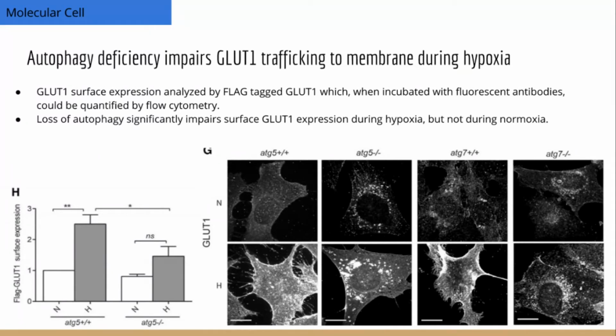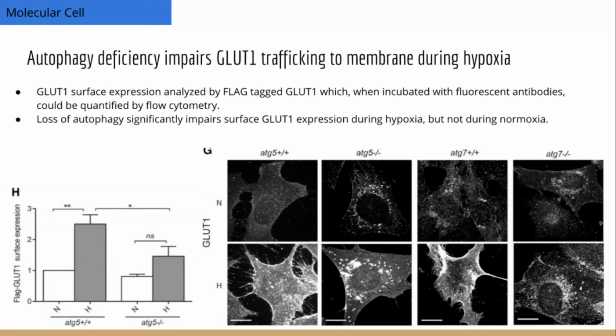So even when autophagy is deficient, we still see normal GLUT1 expression at the surface during normoxic conditions. What's interesting in this panel H, though, is that during hypoxic conditions, during a lack of oxygen, these ATG5 autophagy deficient cells fail to upregulate their GLUT1 surface expression to a significant level.